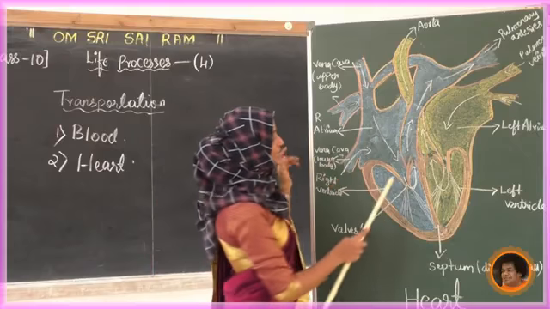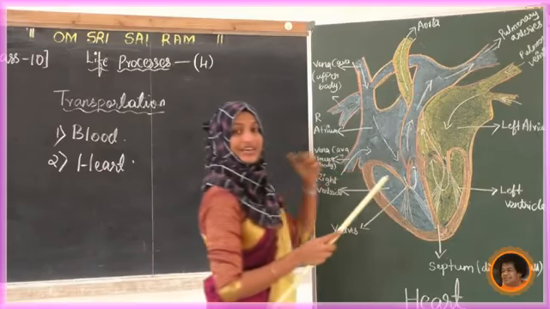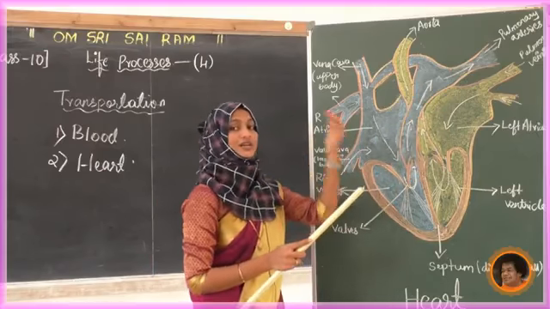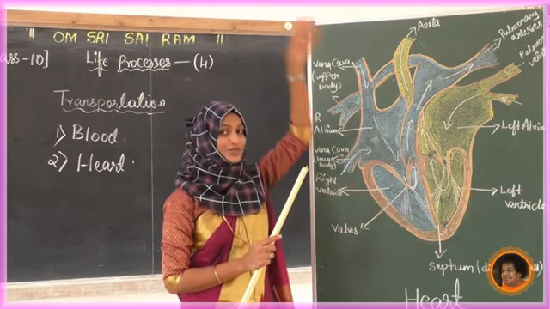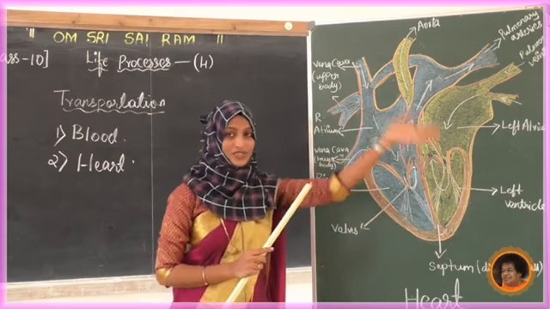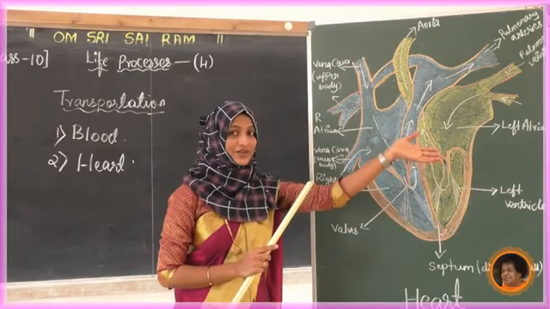We know that carbon dioxide goes out through the alveoli, as we studied yesterday, reaches the nostrils and goes out. Carbon dioxide I am saying, not blood.